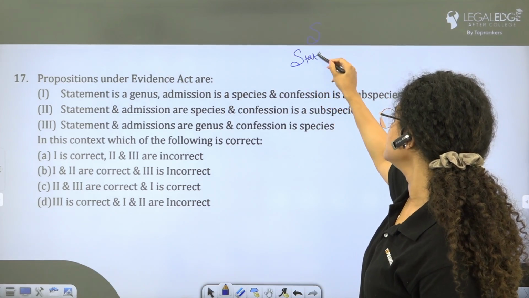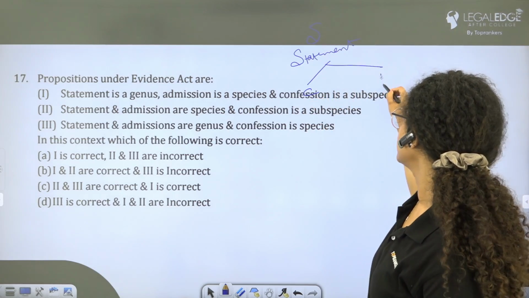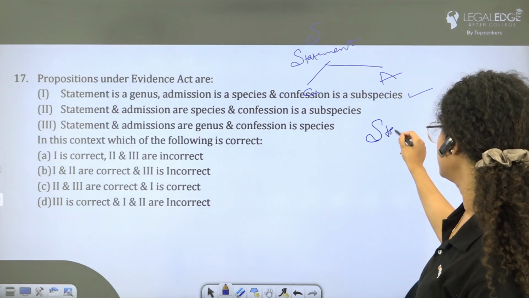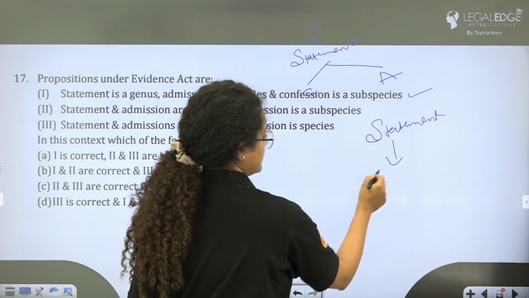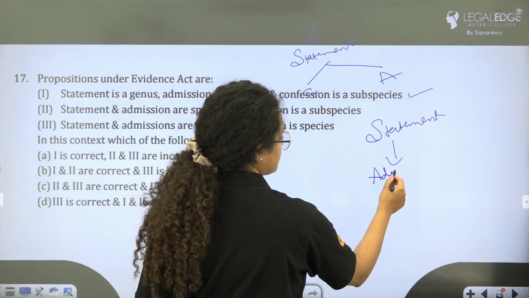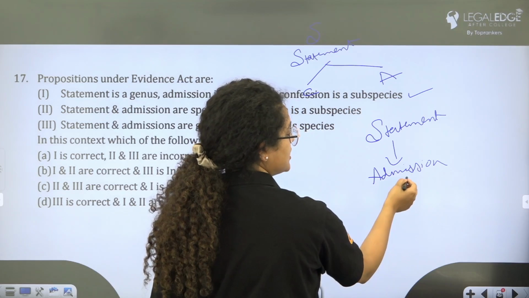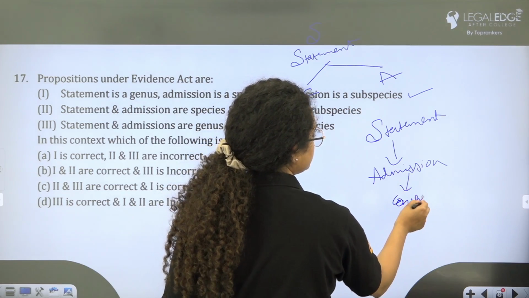is a genus, and then admission is a species, and under admission we have confessions. So admission is always a species.